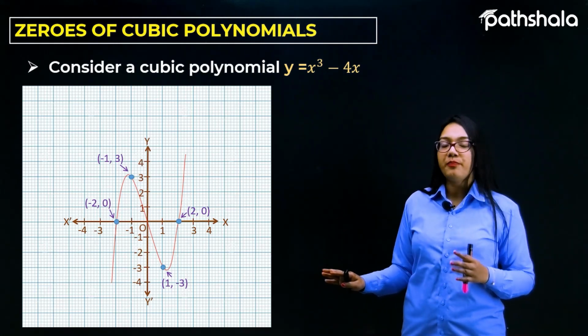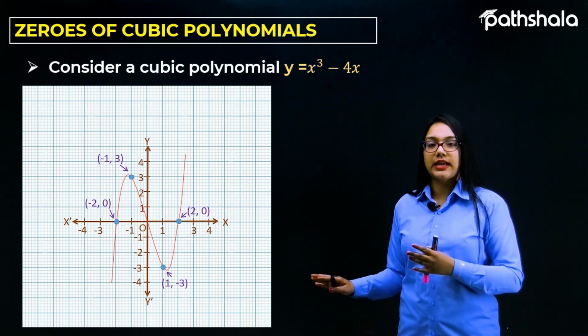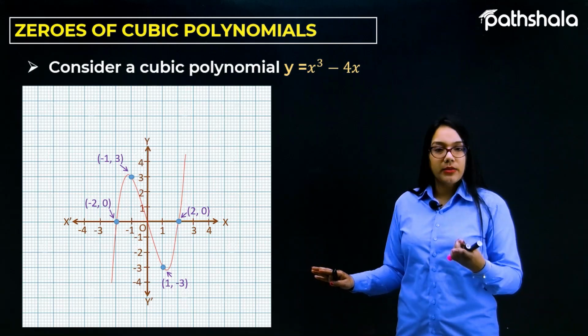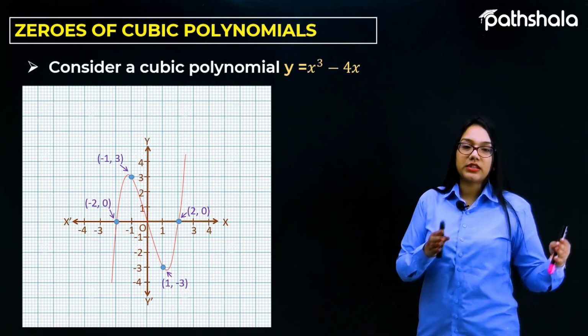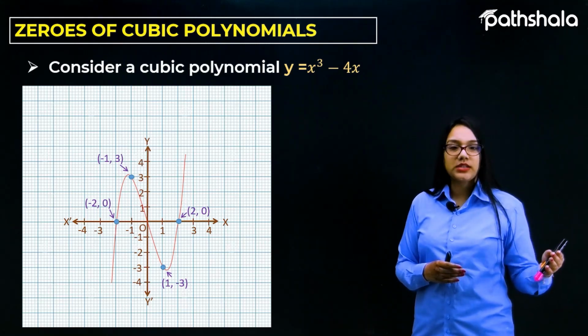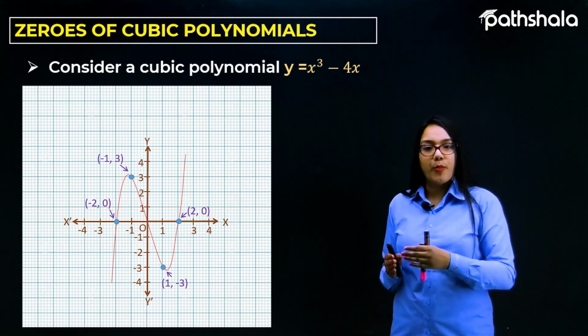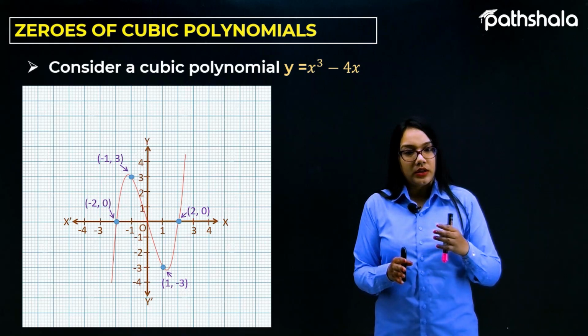So always remember, a cubic polynomial's graph, if it is in the variable x, intersects the x-axis at at most 3 points. The x-coordinates of these 3 points are called the zeros of the given cubic polynomial.